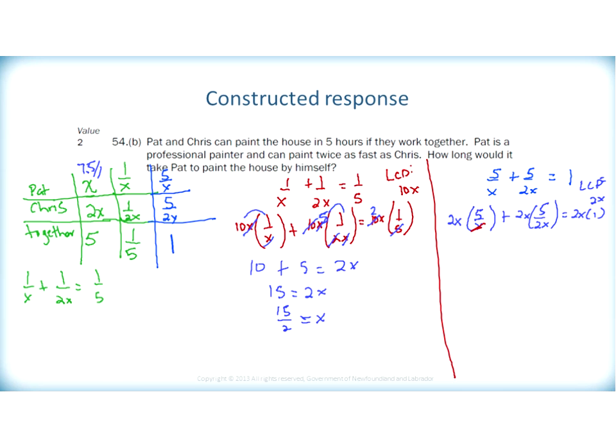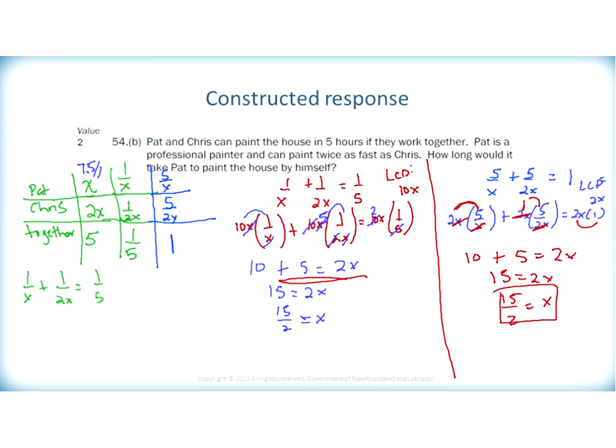The common factor of X, so that's going to be 2 times 5, which is 10. Plus there's a common factor of 2X, so it's just going to be 1 times 5, which is 5. And here 2X times 1 is 2X, and you see we're back to here again. It's going to be 15 equals 2X. 15 over 2 equals X, which is, of course, the same as what we had before.